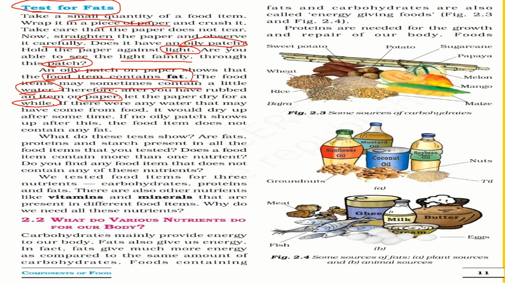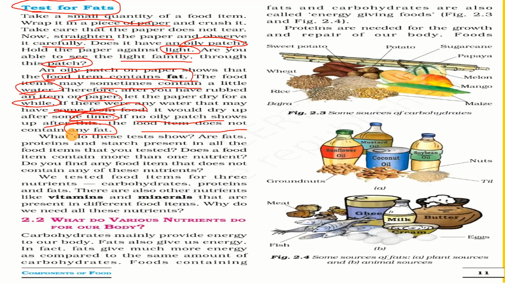If there was any water that came from the food, it will dry up after some time. If no oily patch shows up after this, the food item does not contain fat.